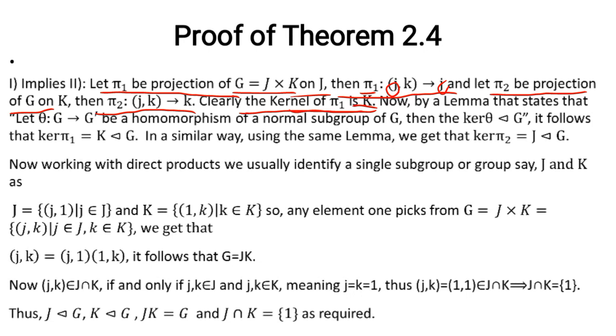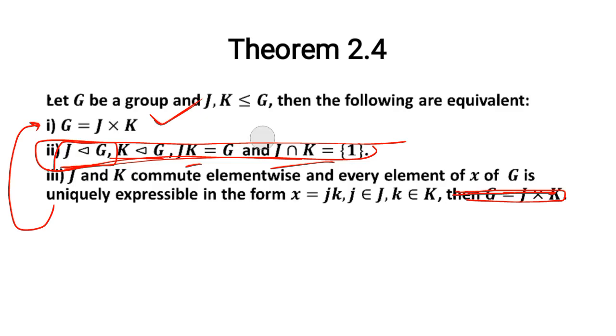Now, you need to state the lemma that allows us to show that the kernel of theta is normal in G. The lemma states that if we have a map theta from G to G prime that is a homomorphism, then the kernel of theta is a normal subgroup of G. Based on this lemma, it follows that the kernel of pi 1, which is equal to K, is normal in G. What were we supposed to show again in our proof?